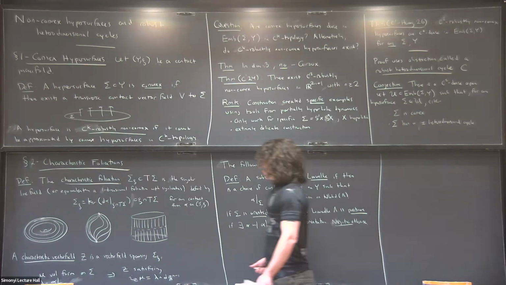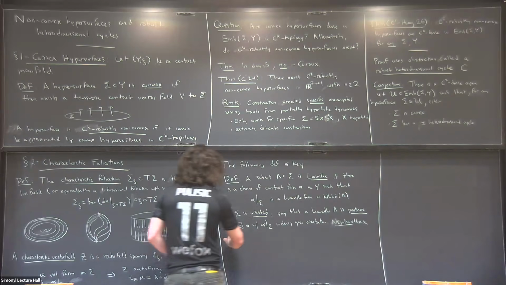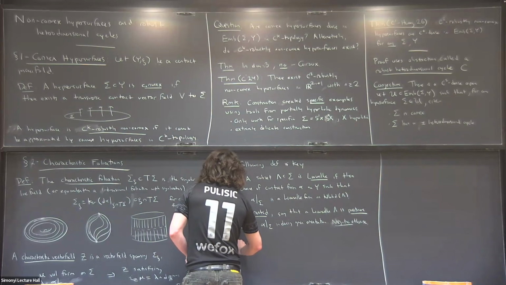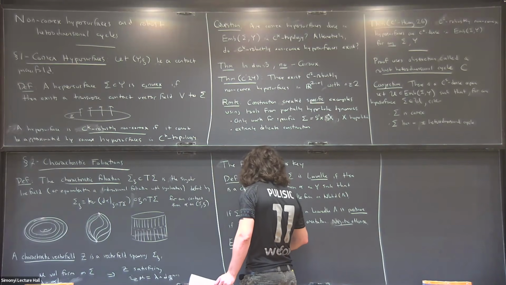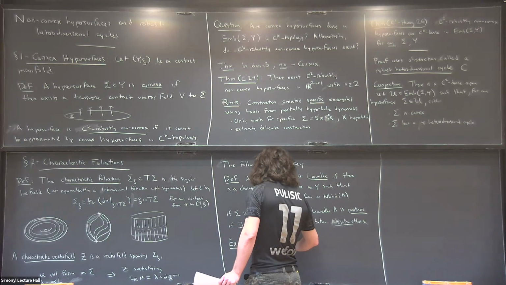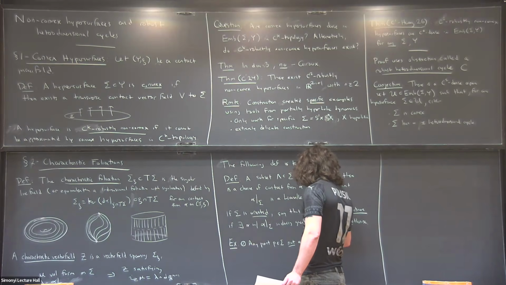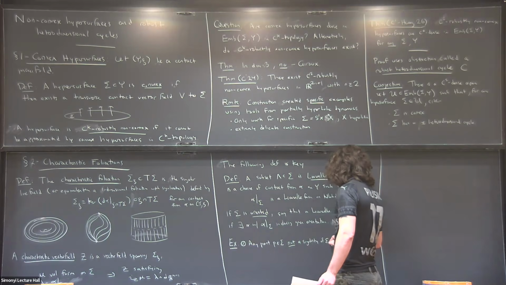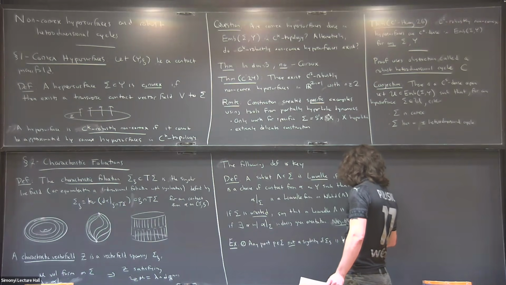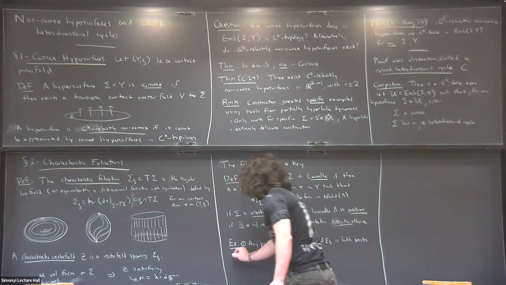Okay. So what are some examples? An example is first any point P in sigma that is not a singularity of the characteristic foliation is both positive and negative.